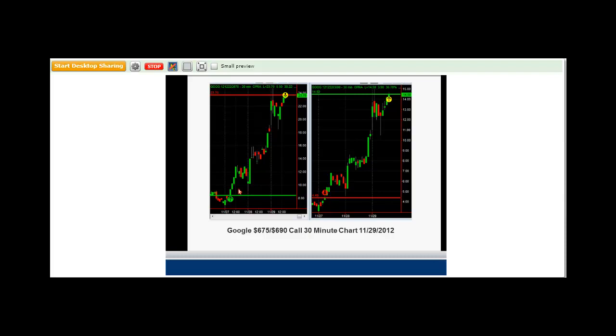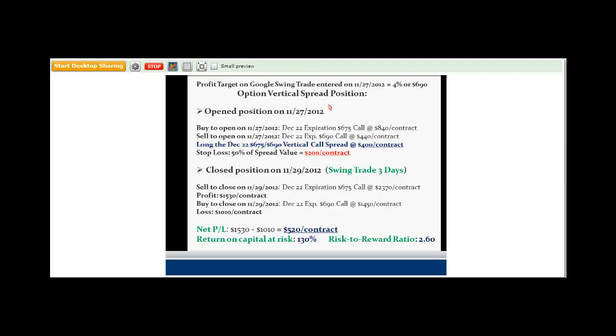And to reduce that cost, I sold the 690 calls against them simultaneously, so collected $440. So I had a $15 spread, and my cost was $440. The target of a 4% move, we were targeting $690.